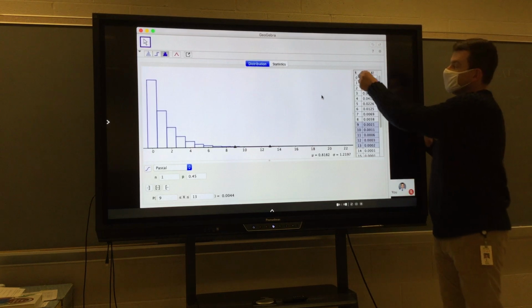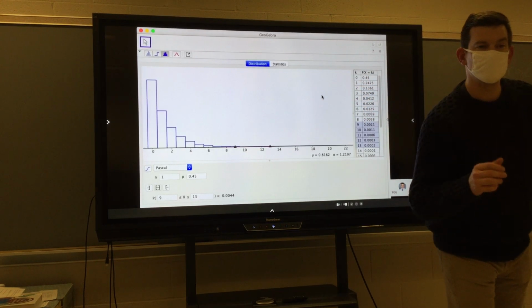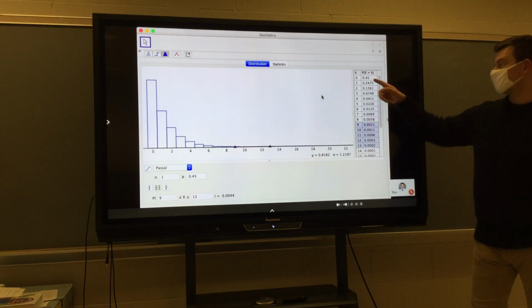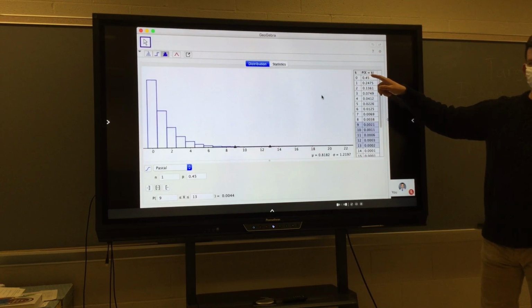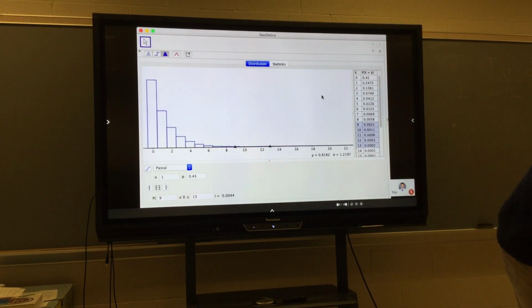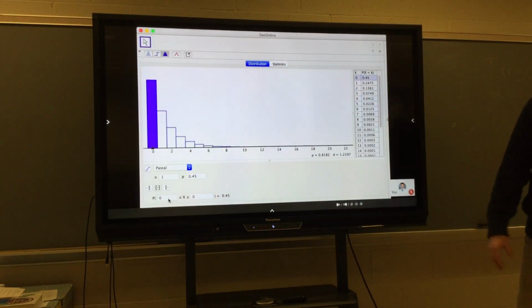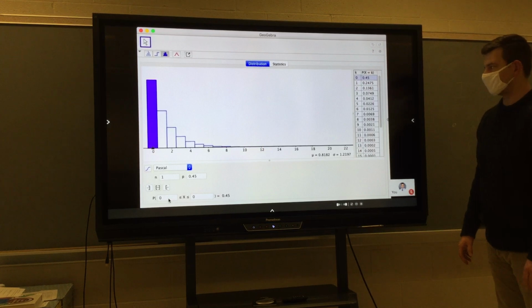You can think of these numbers as representing the number of failures that you have. So when you have 0 failures, your first attempt is successful. And that probability of success was 0.45. We change this to 0, 0. Okay, so we just have that first column highlighted. There's that 45% success.